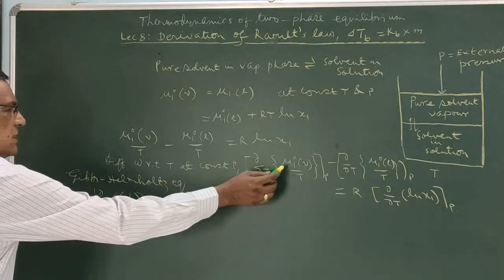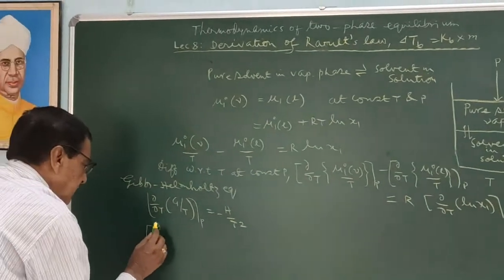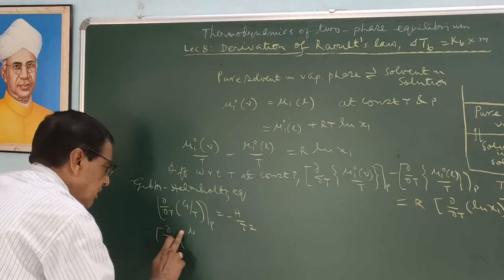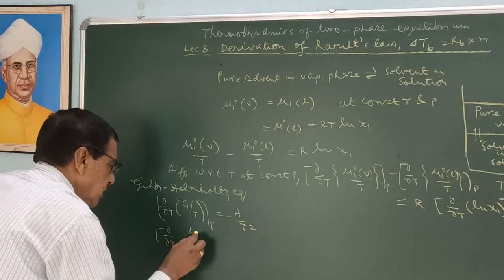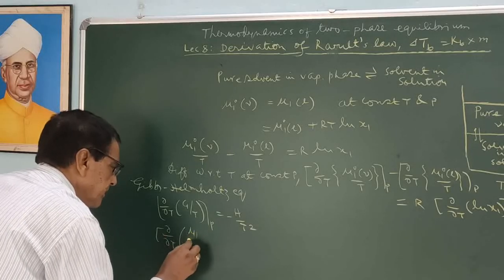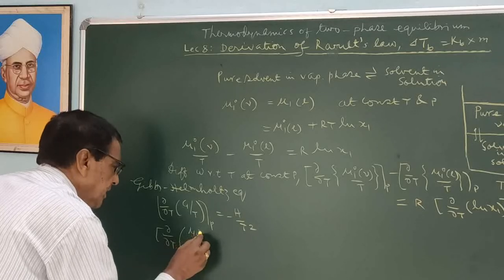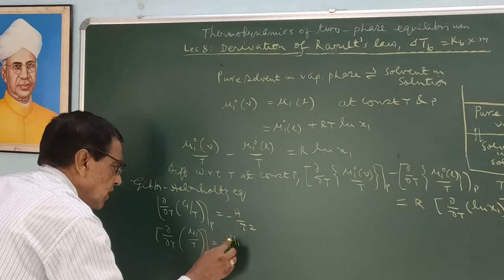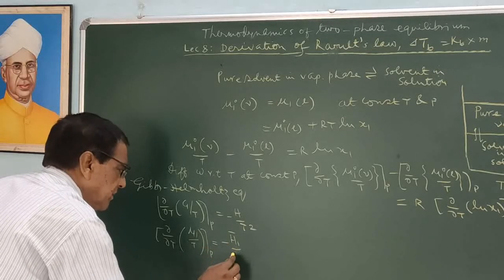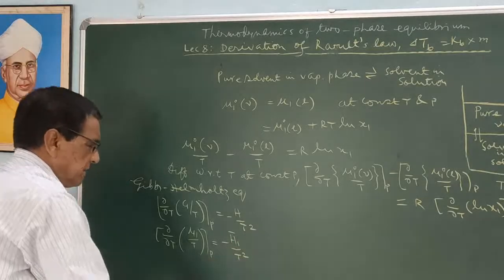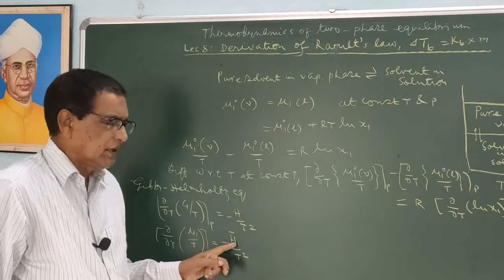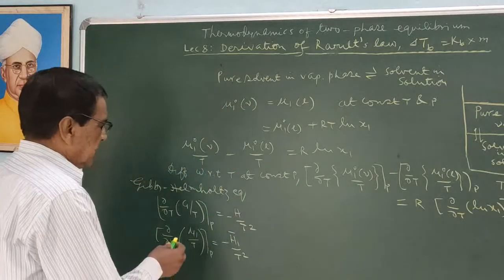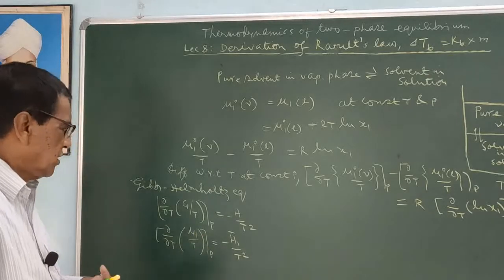So in our case, this will be del by del T of mu1 by T at constant pressure equal to minus H1 bar divided by T square. H1 bar is the molar enthalpy of this solvent, and mu1 is the chemical potential of this solvent.